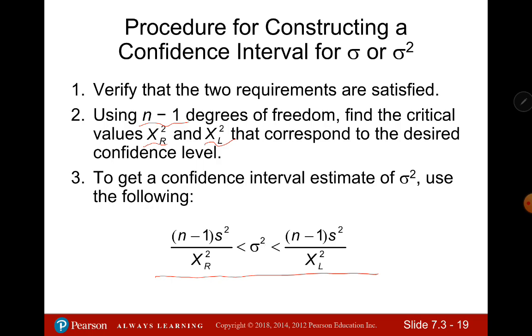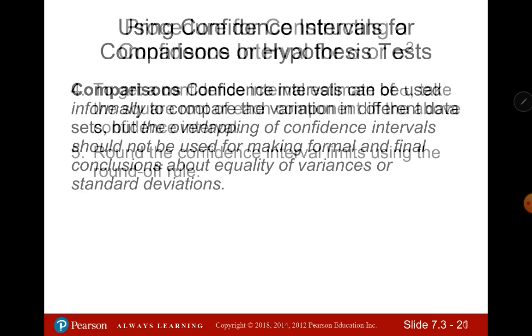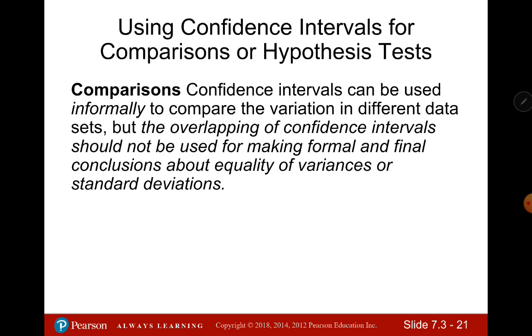Sometimes we're talking about the confidence interval for standard deviation, then that will be sigma. If it's sigma, then you will have the square root in your formula for both sides. And we always keep one more decimal place than the original data. That's the round-off rule.